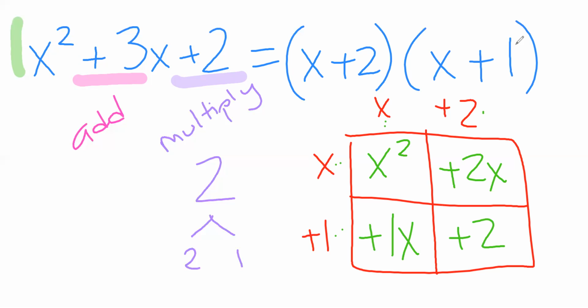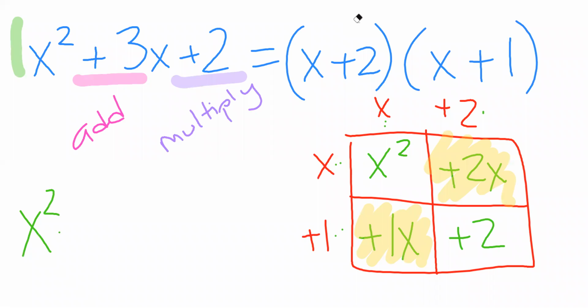Now, these two boxes right here are both x values, so it's just x. So we're going to write our answer and combine our like terms. We have the x squared plus, and then combine these two, that's 3x, plus our last one is 2.